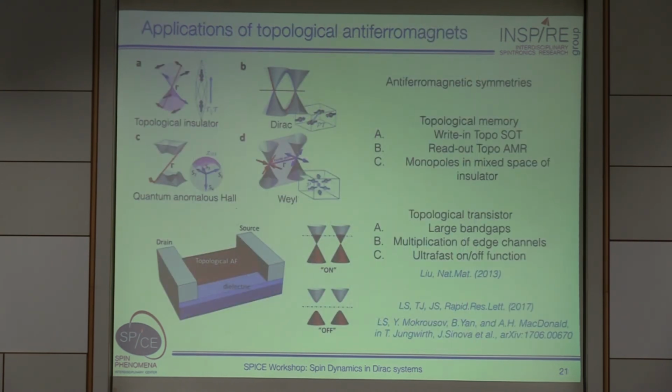So this brings me basically to the conclusion that we have shown one example, but there are more, of topological antiferromagnets. So you can merge topological insulators in 2D and 3D with antiferromagnetic order due to similar symmetry arguments. The Dirac case I have shown. You can also have these two, but these two you can equally find in ferromagnets.